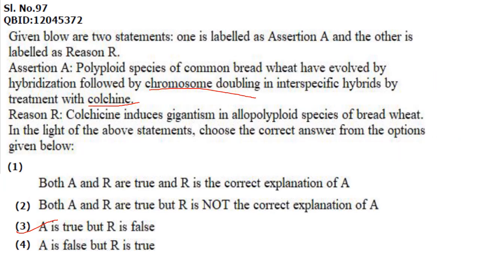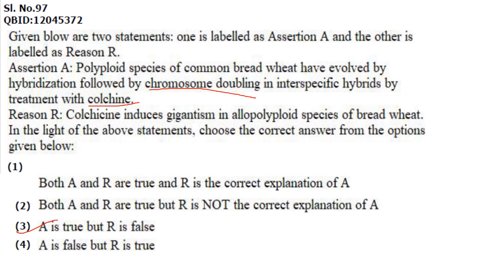Given below are two statements. Okay, again assertion and reason. Polyploid species of common bread wheat have evolved by hybridization followed by chromosome doubling in interspecific hybrids by treatment with colchicine. Okay, that is correct. Then colchicine induces gigantism in yellow polyploid species of bread wheat. That is not correct.